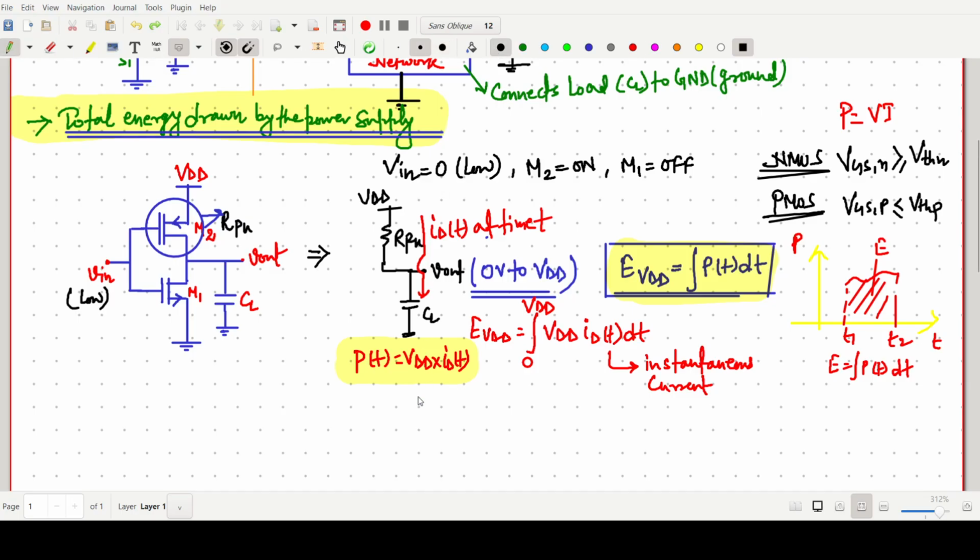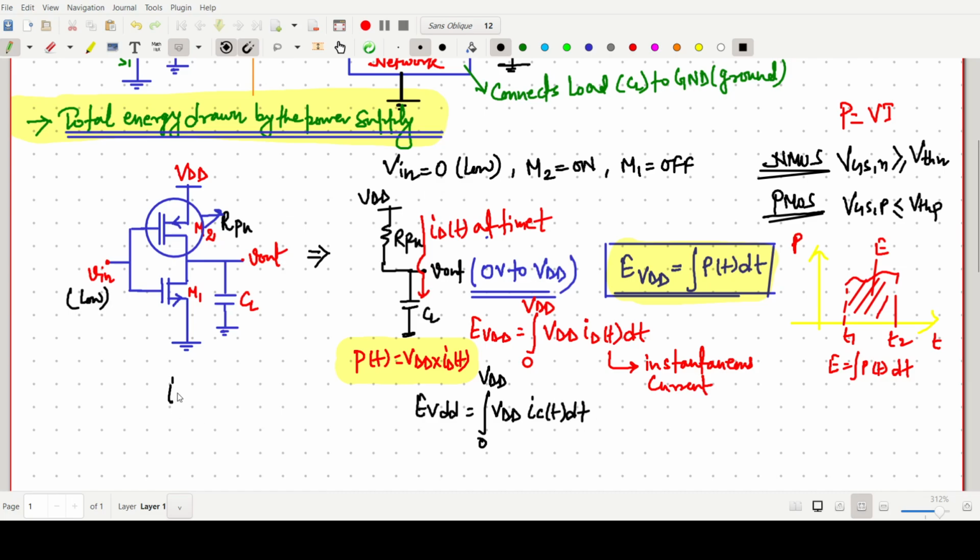So next, this E_VDD term, E_VDD is nothing but simply integral 0 to VDD, VDD and iD(t). iD(t) will be the same current flowing through the capacitor. So we can write iD(t) or iC(t), anything you can write.